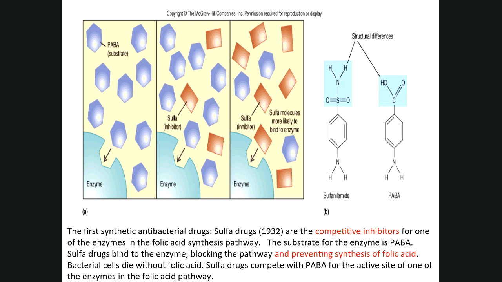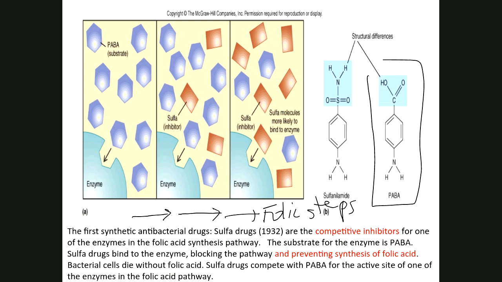And in the folic acid pathway, one of the last steps in the pathway relies on a reactant called paraminobenzoic acid. And paraminobenzoic acid is going to bind to an enzyme, and that enzyme is going to change paraminobenzoic acid into folate.